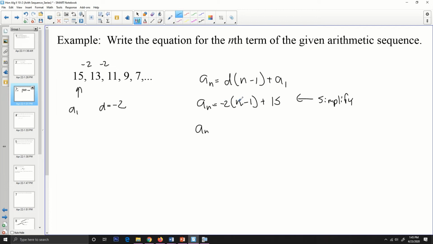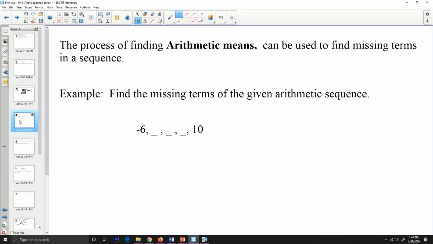So -2 times n is -2n, and then -2 times -1 is +2, and then we'll have 15, and then our final answer, a sub n equals -2n plus 17. So when I start plugging in the counting numbers, 1 times -2 is -2, plus 17 is 15. The second term right there, 2 times -2 would be -4 plus 17 is 13, so I feel fairly confident that that is the correct answer.